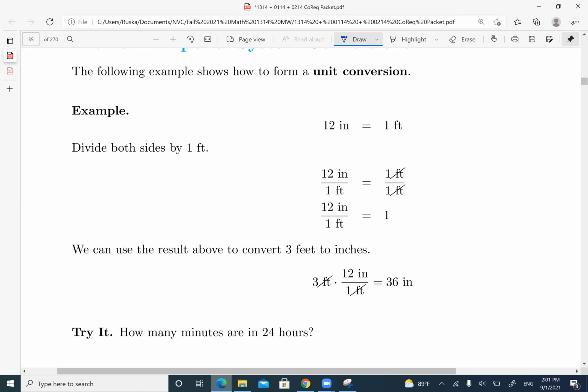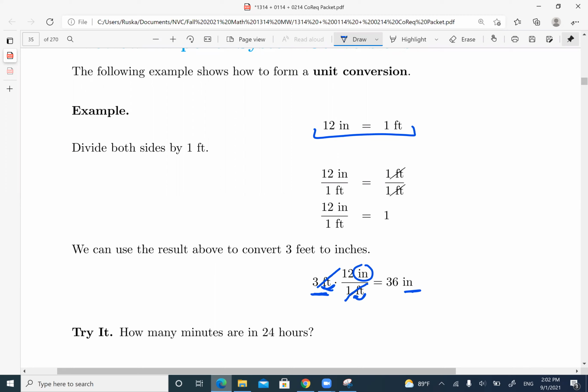For example, if you want to change 3 feet to inches, you multiply by the unit conversion between feet and inches. You know that 1 foot is 12 inches, right? Now we need to multiply by feet on the bottom because you want to cancel the feet. Up and down, they're going to cancel and you're going to be left with inches. So that's why you're multiplying by whatever the old unit is in the bottom, and the new unit is going to be on the top.